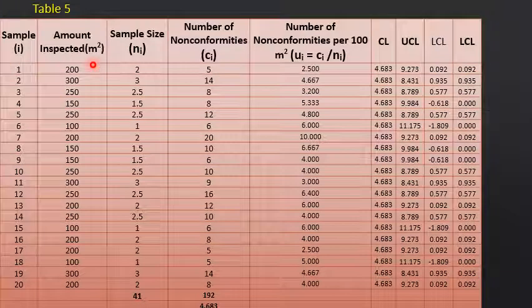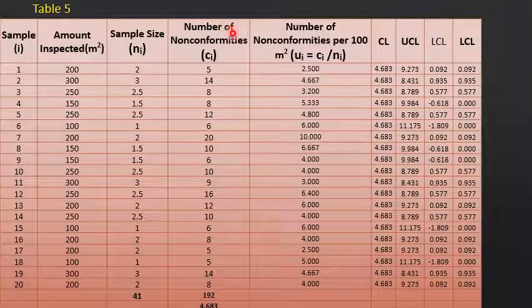This is the final table, where we simply combine all the tables. We can see that the sample size and the amount of inspected area are given in the question. From that we calculated the sample size, that is 200 by 100, 300 by 100, 250 by 100, similarly for all 20 samples.